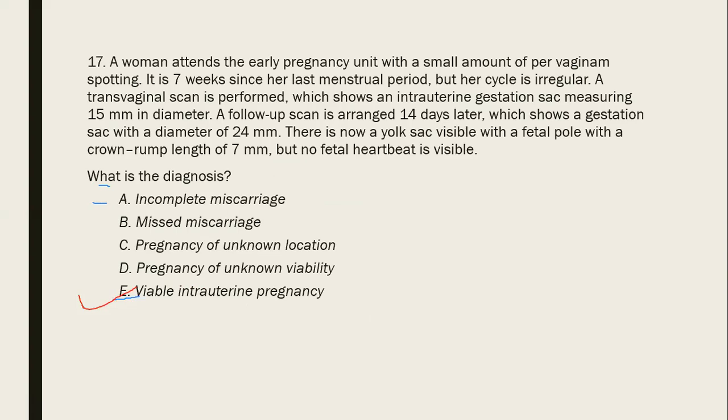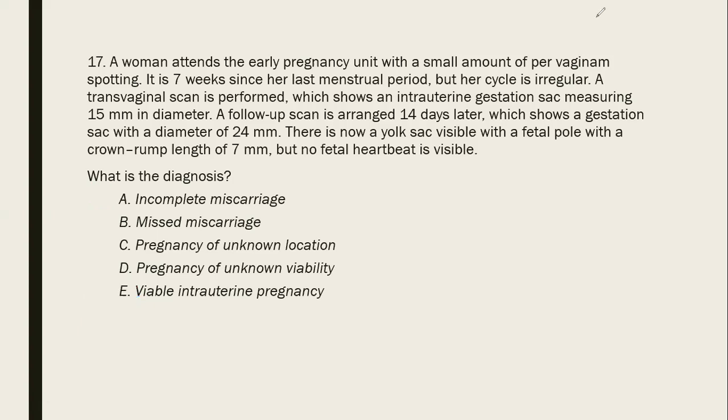Follow-up scan is arranged 14 days later, which shows a gestational sac with a diameter of 25. There is now a yolk sac visible with a fetal pool with a crown rump length of 7 millimeters, but no fetal heart rate visible. This is pregnancy of unknown viability.